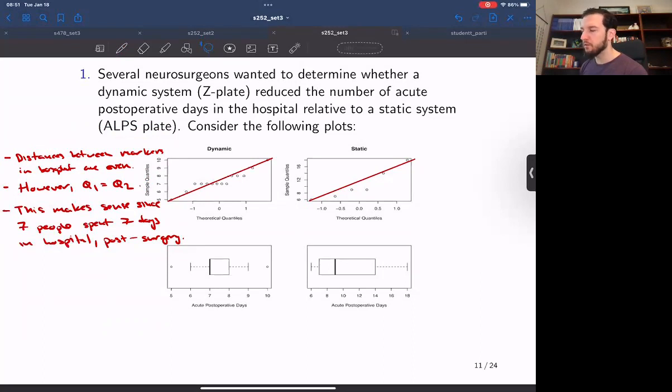It's difficult to say, but if we had a larger sample size, the expectation would be that this is going to become symmetric around 7 days in the hospital. And that QQ plot is not too far off from being linear. It's just that all that repetition makes it look a little bit strange. So we might be okay with the dynamic system in terms of the normality assumption.